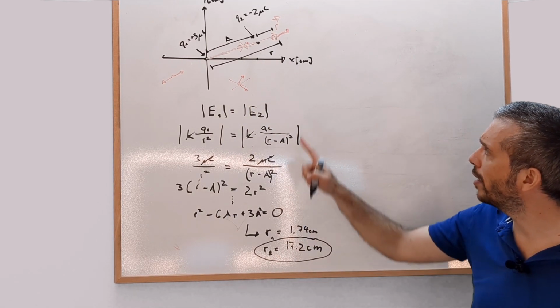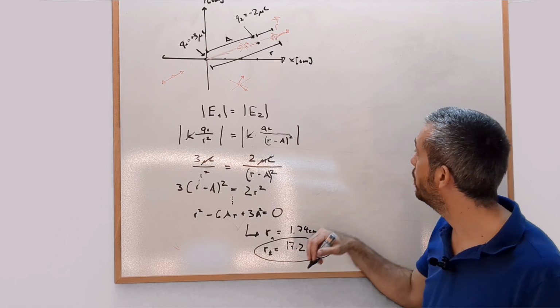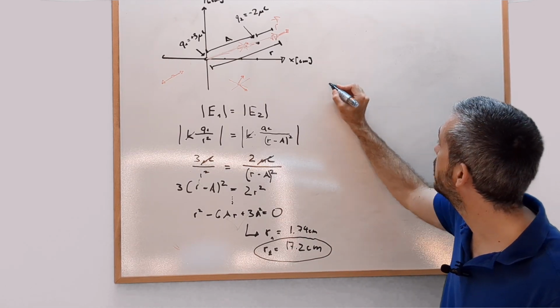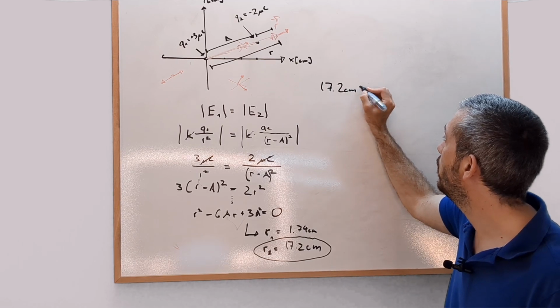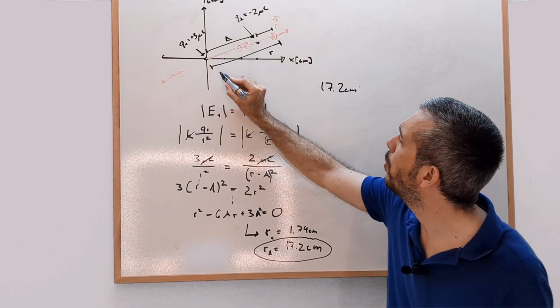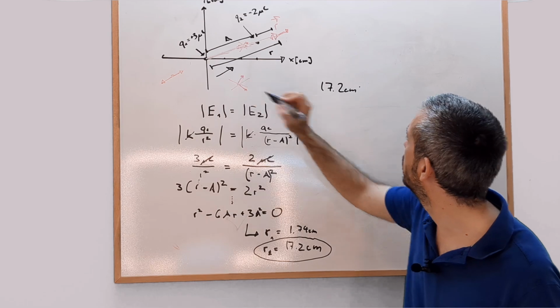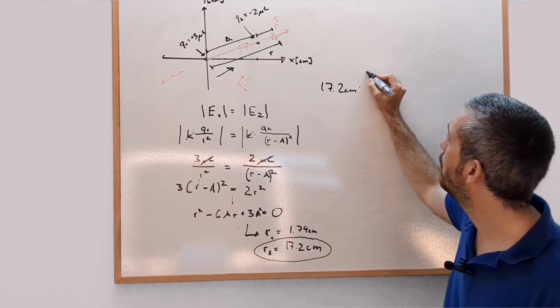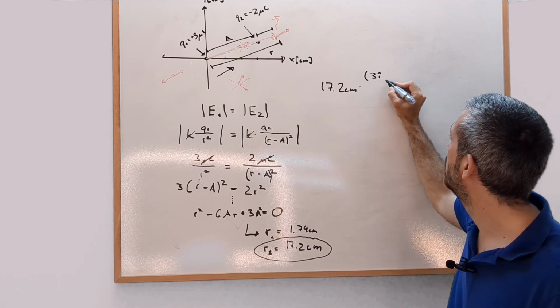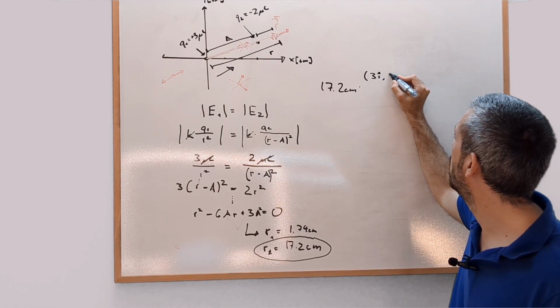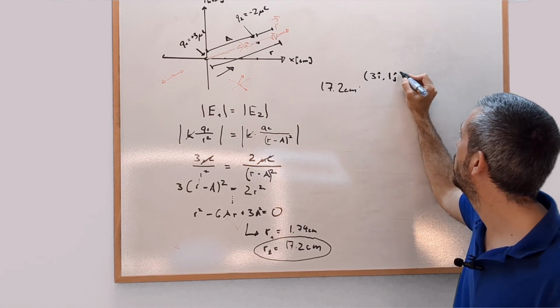So now how do we get to a vector? Fairly simple. We take that magnitude, 17.2 centimeters, and we go along a vector that points in that direction. So that vector in our case would have been 3 to the right and 1 up.